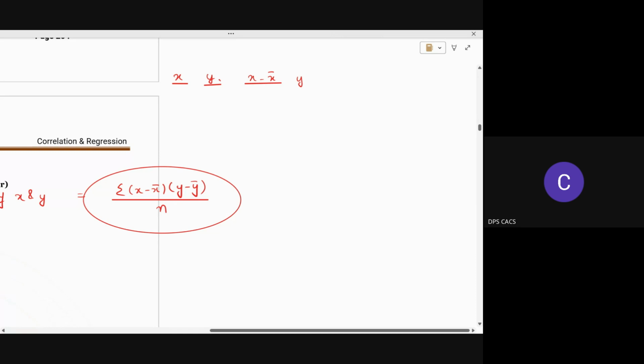Then I'll find y minus y bar. Then I'll find the product of them, x minus x bar into y minus y bar. This column's total will be posted here, yes or no? In the numerator. N is the number of observations.